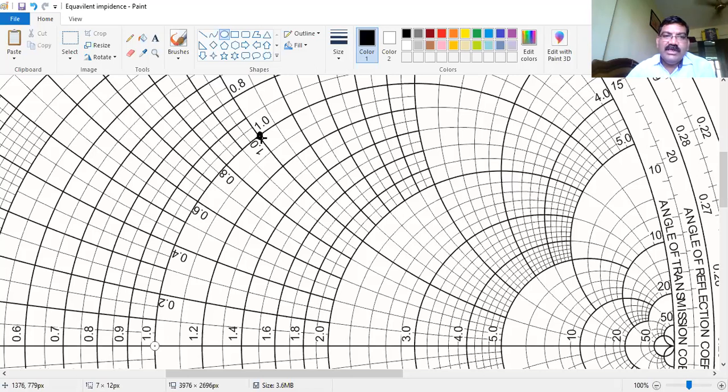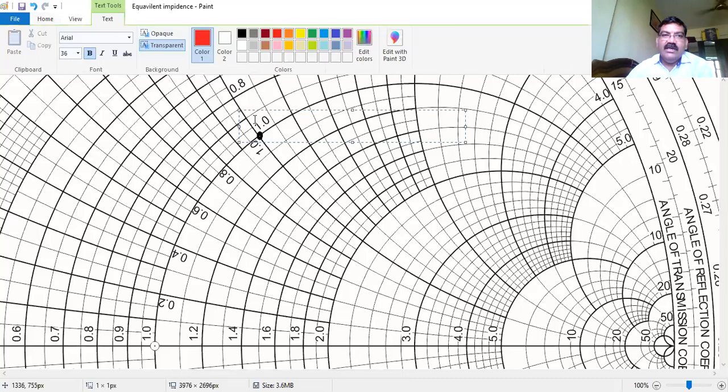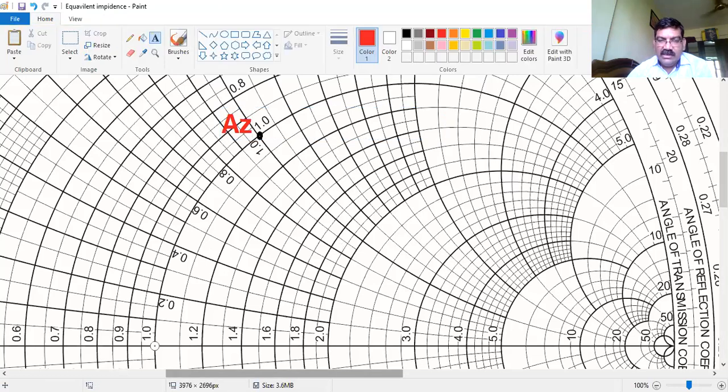I'll change the color and name this point AZ. Why am I writing the Z suffix? Because it is an impedance, to know which one is the impedance and which one is the admittance. So this is my AZ. It is done, the first part is done.